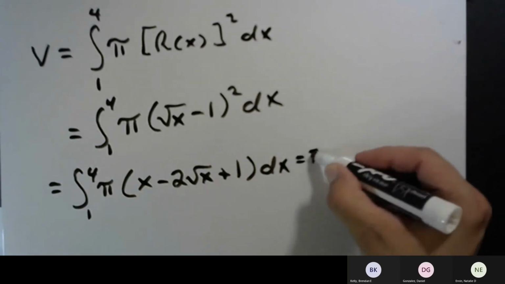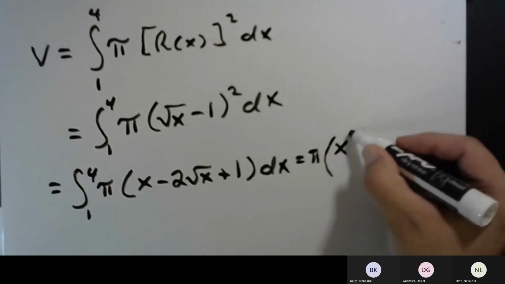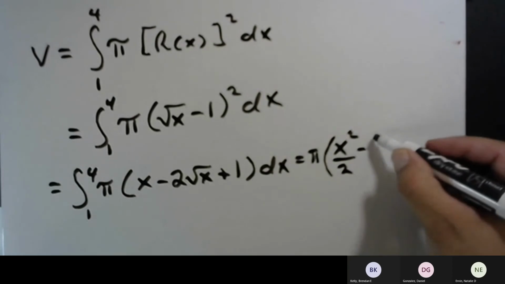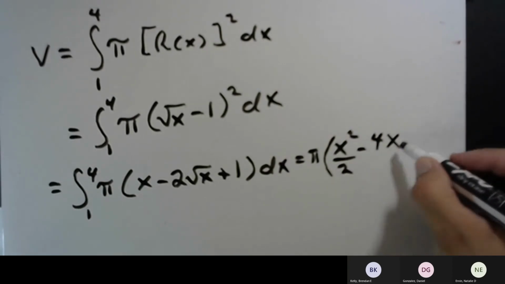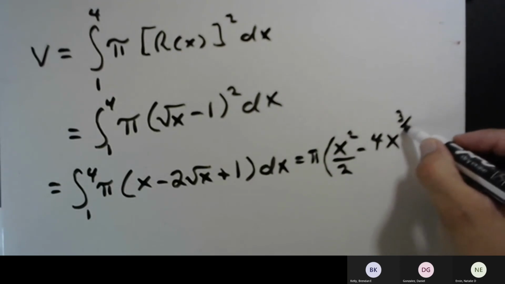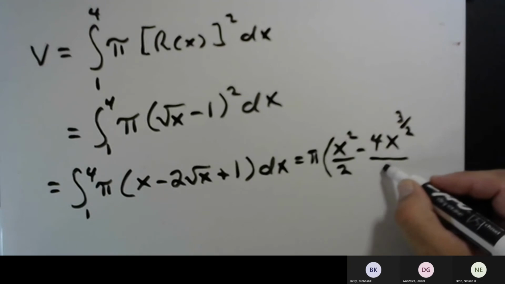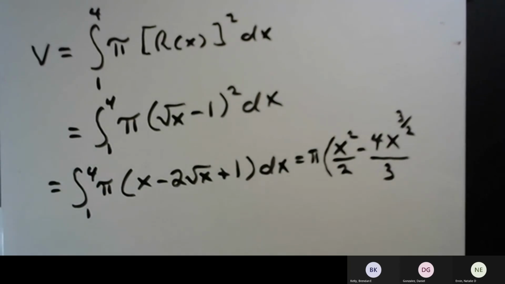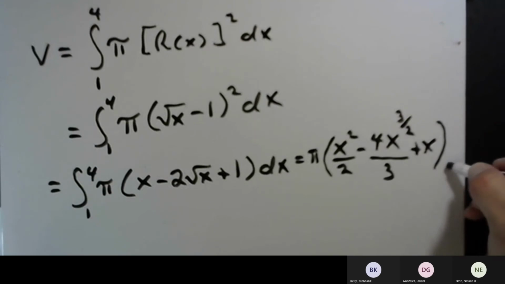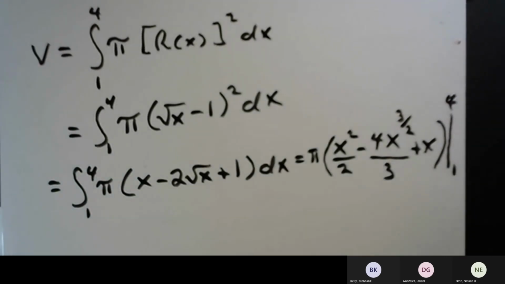And that's going to be pi times x squared over 2 minus 4 x to the 3/2 over 3 plus x, from 1 to 4.